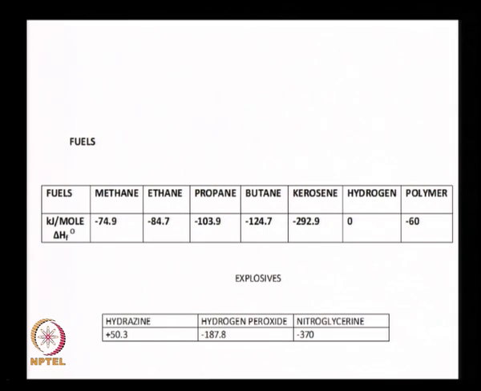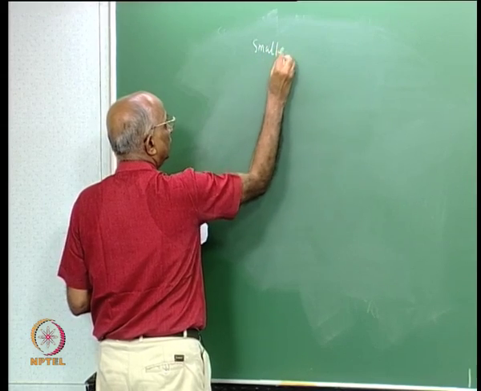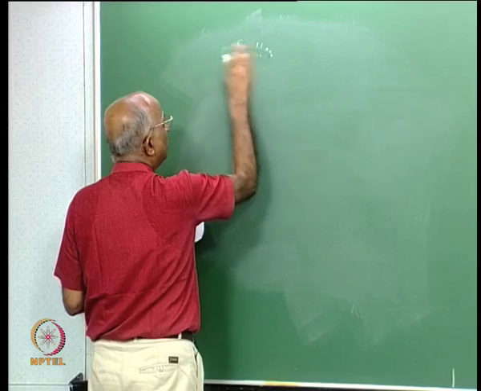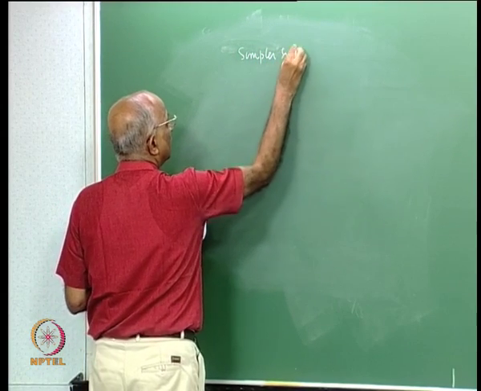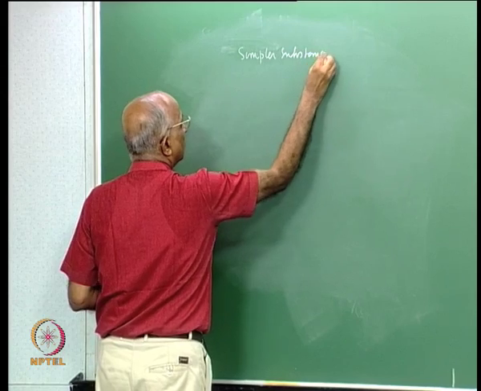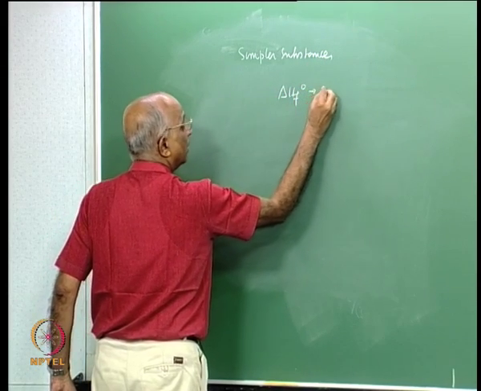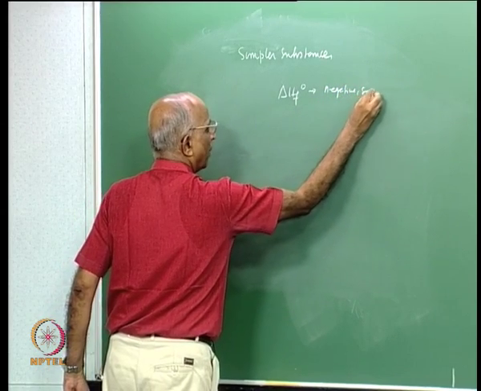Therefore, let's now tell ourselves, we find that for simple substances the heat of formation is smaller and negative, that is, for smaller or simpler substances the value of heat of formation is negative and small.